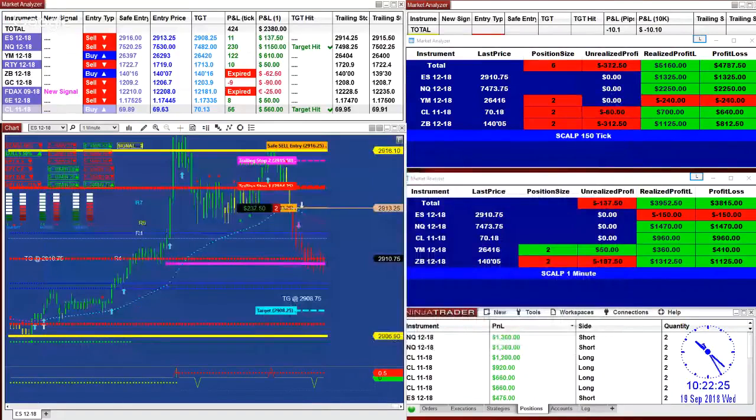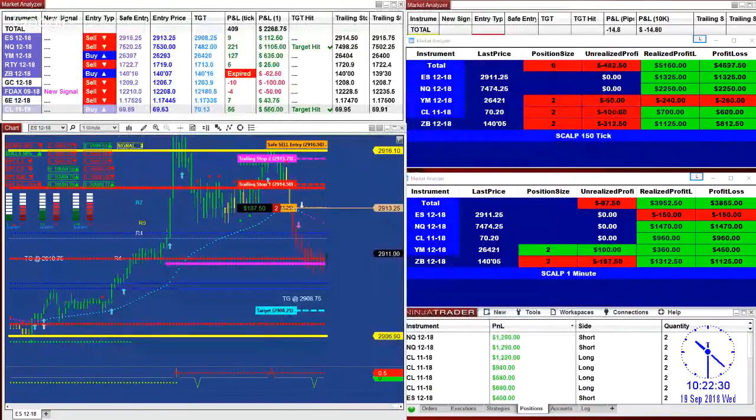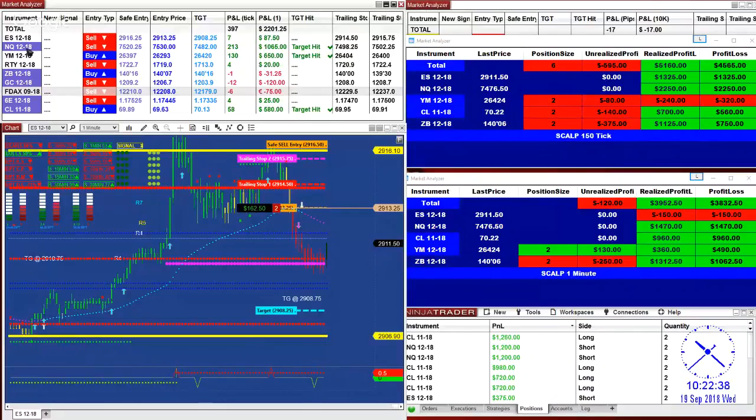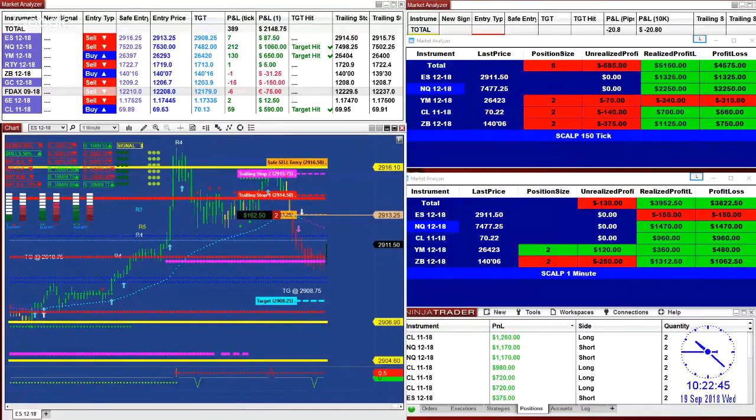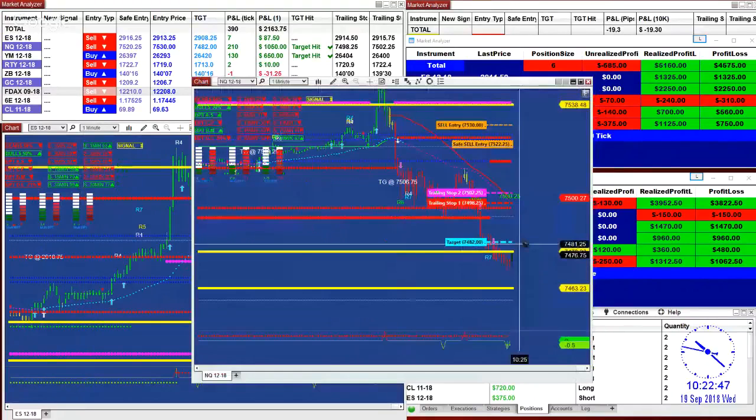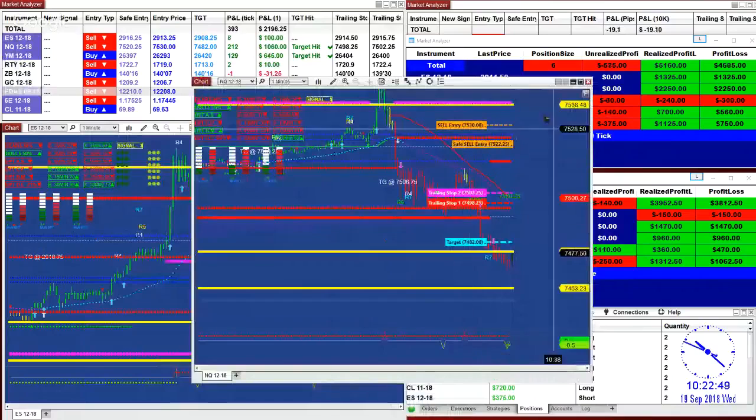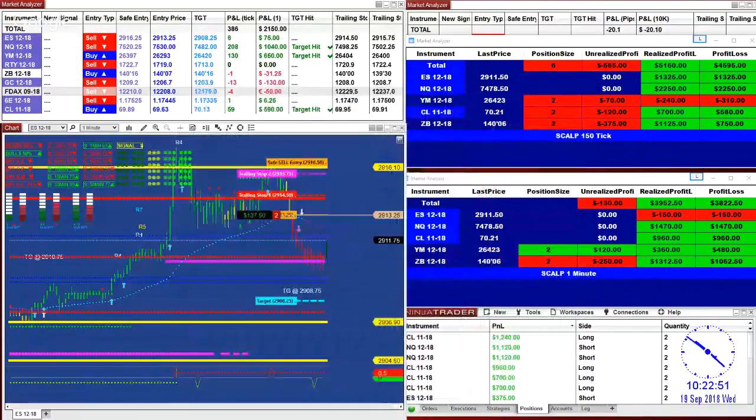You can follow it if you want to, as long as it's on a sim. Please be careful with your live trading. You will get the other signals one after the other. I'm hoping this market is about to turn around so we can have a new signal for you guys before 12 o'clock. 5 minutes, and I will be right back.